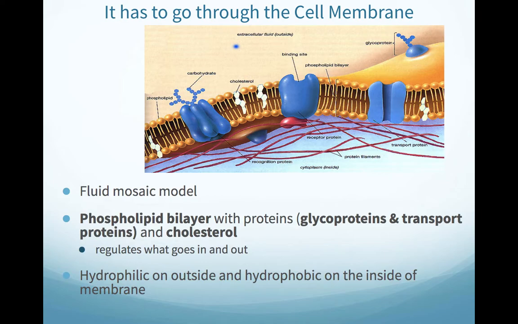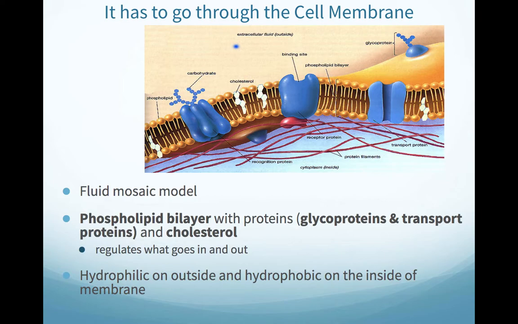The proteins can be two different types. The glycoproteins are the proteins that generally have carbohydrates attached to them, and those signal what type of cell it is. Each person has an individual type of cell, and that's why organ transplants get tricky.